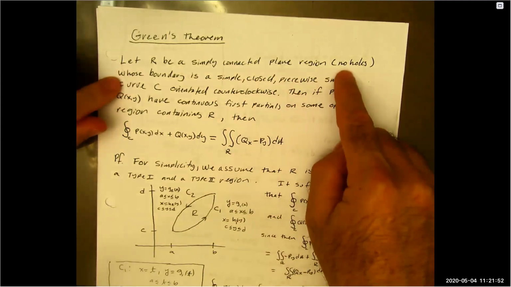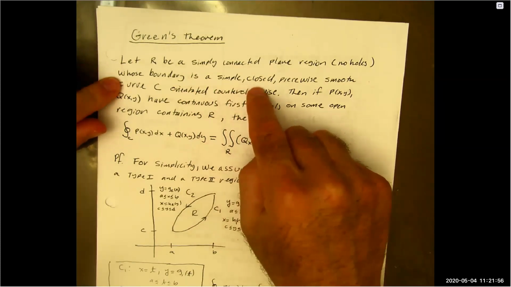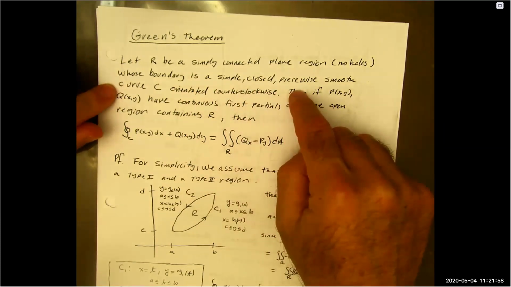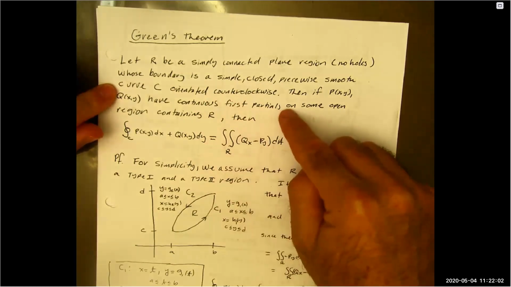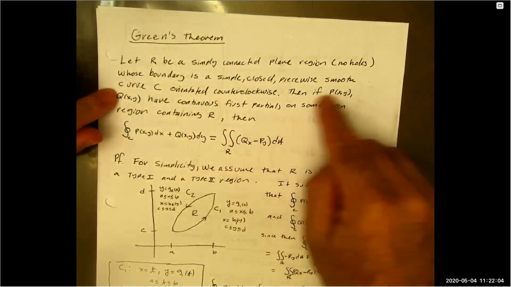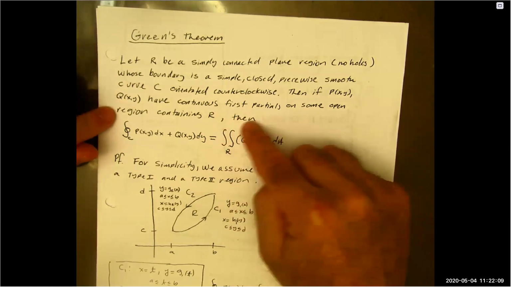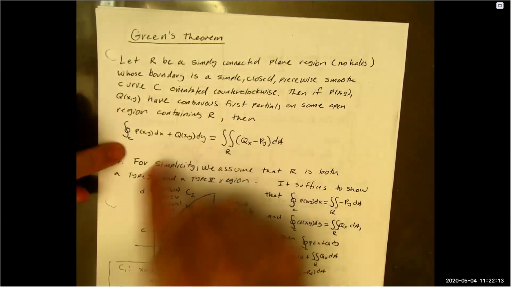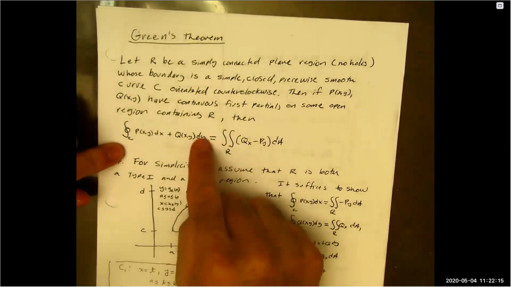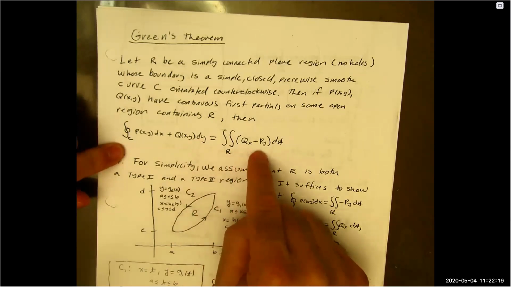And remember, that means no holes, whose boundary is a simple, closed, piecewise smooth curve C oriented counterclockwise. Then if P of x,y and Q of x,y have continuous first partials on some open region containing R, then our line integral is equal to this double integral of Qx minus Py dA.